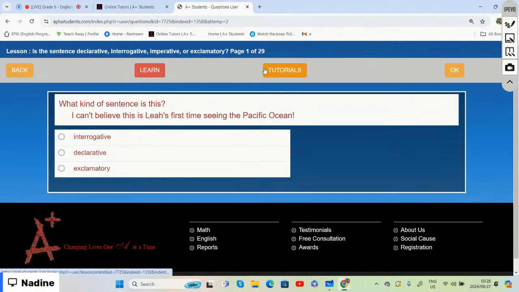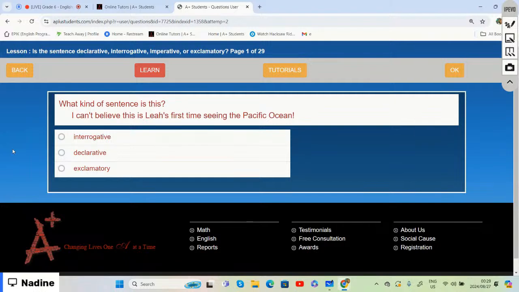All right, and it says, I can't believe this is Leah's first time seeing the Pacific Ocean. Is that option one, an interrogative sentence, option two, a declarative sentence, or option three, an exclamatory sentence?